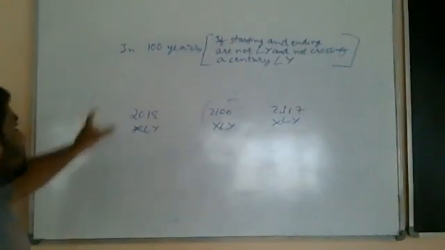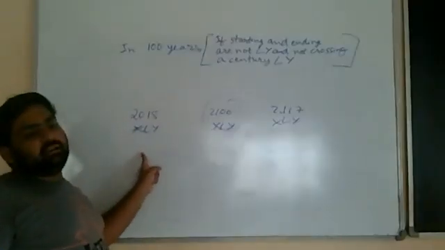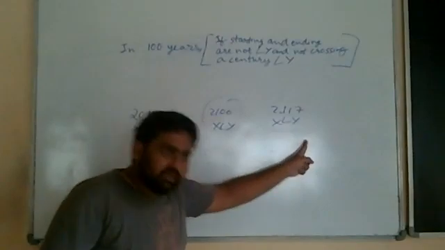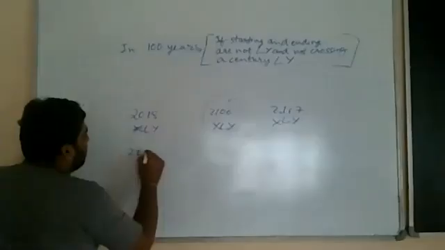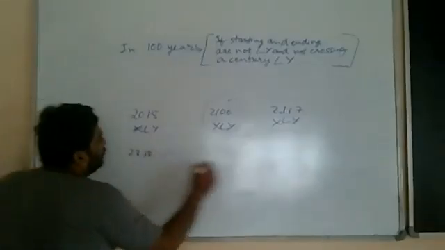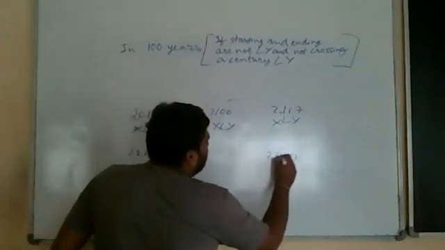I have to choose 100 years in such a way that the beginning year is not a leap year, the ending year is not a leap year, and in between there is a century year which is not a leap year. Which means I cannot choose 2318 to 2417. Why?